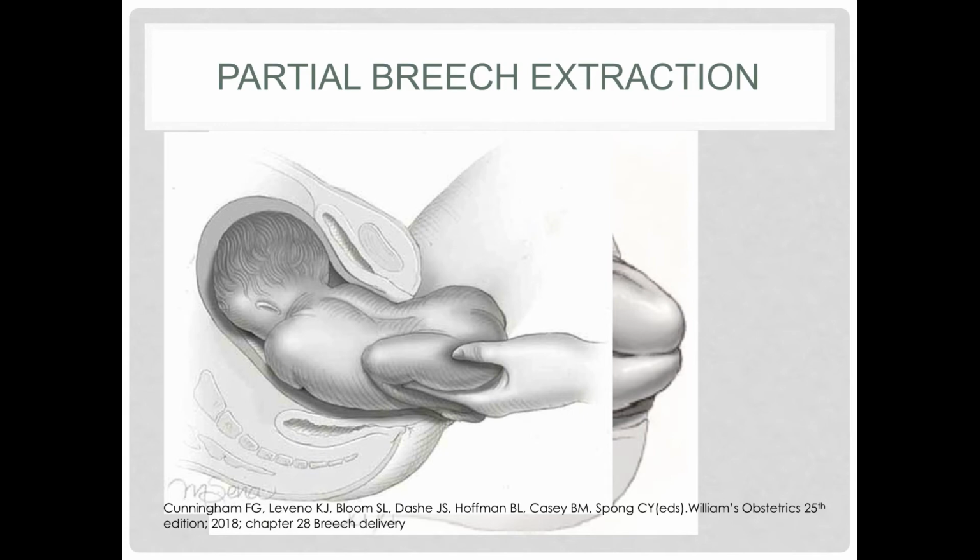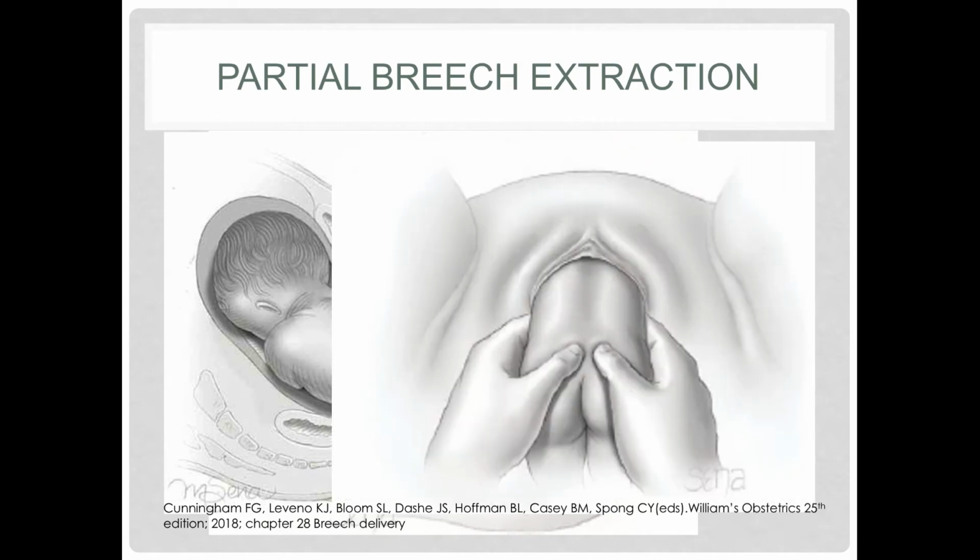As you can see here, to deliver the left leg, two fingers of the obstetrician's left hand are placed beneath and parallel to the femur. The thigh is then slightly abducted, and pressure from the fingertips in the popliteal fossa should induce knee flexion and bring the foot within reach. The foot is then grasped to gently deliver the entire leg.